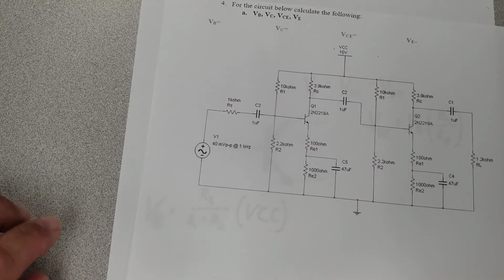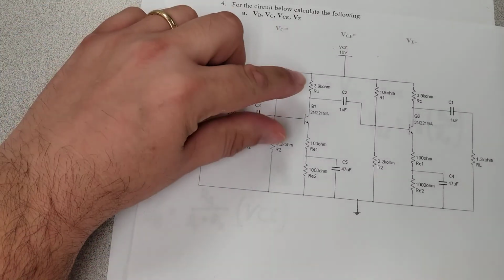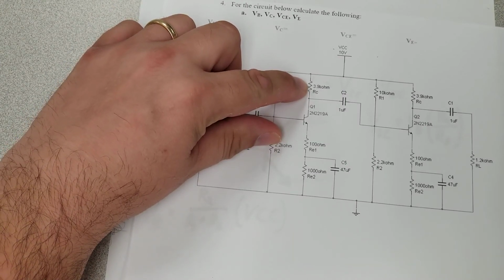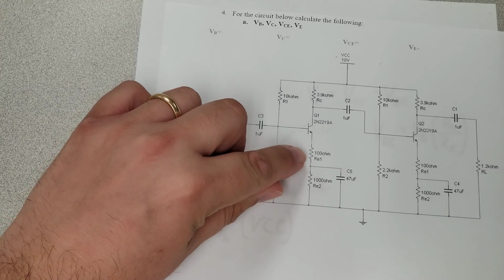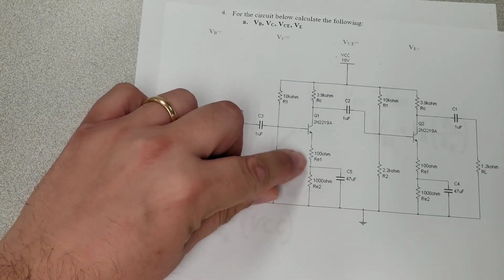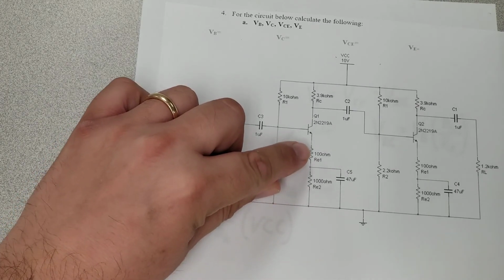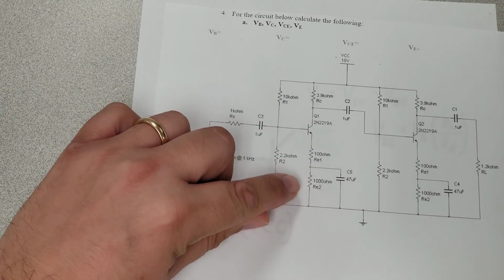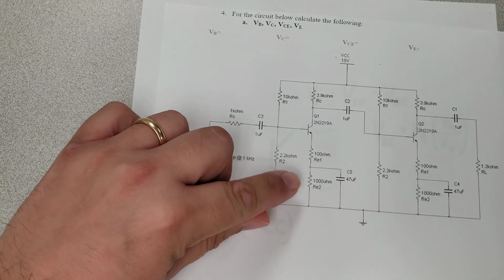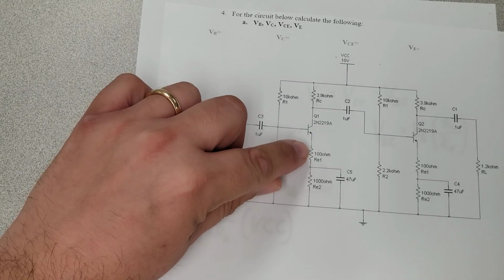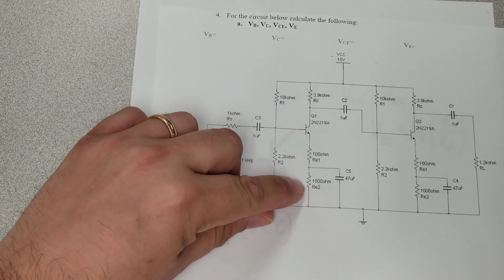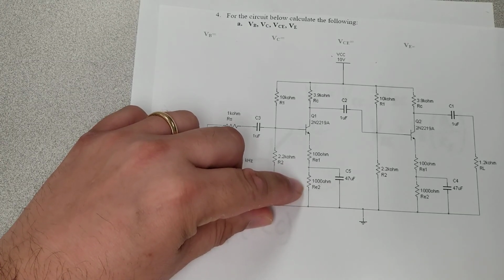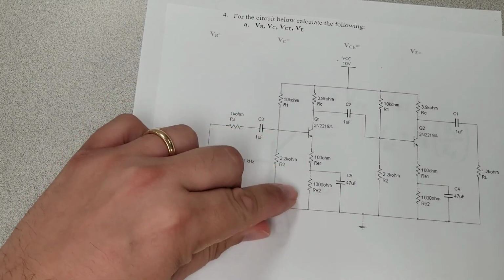Here's our circuit. The resistor at the collector we already talked about is 3.9 kilo ohms. The resistor at the emitter, we actually have two in series. When you have two resistors in series, their values add up, remembering back to circuits. So we have a 100 ohm resistor and a 1000 ohm resistor. When you add those together, you get an 1100 ohm resistor at the emitter.